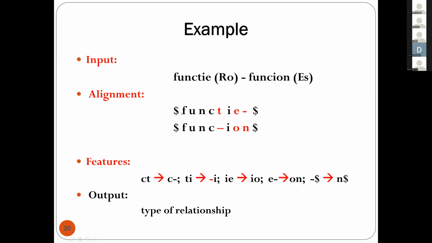We have to keep in mind that the same character has a different behavior at the beginning of the word, inside the word, or at the end of the word.